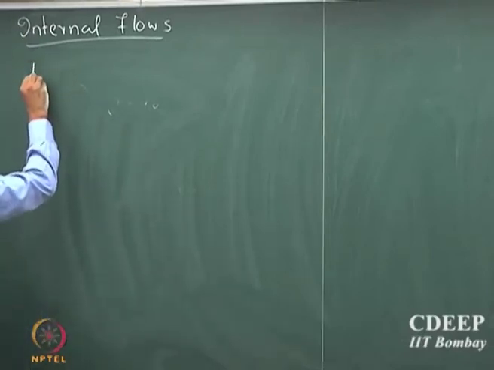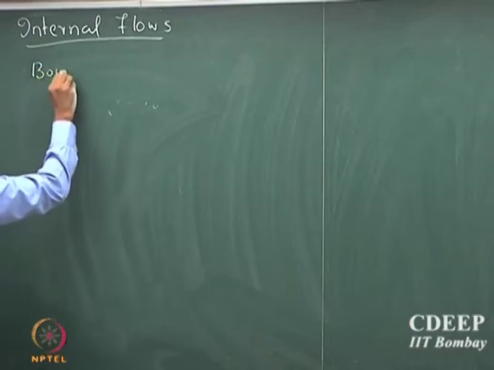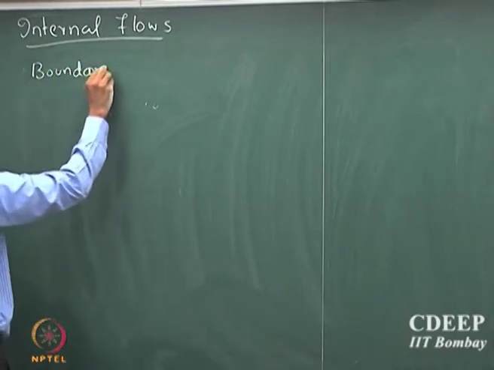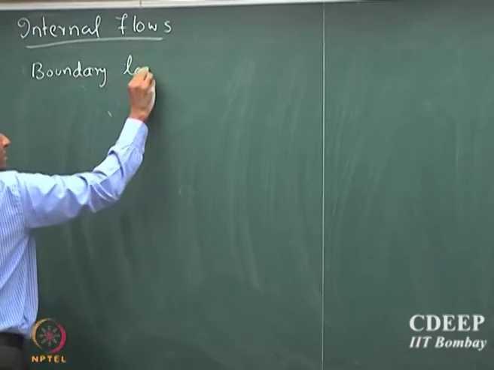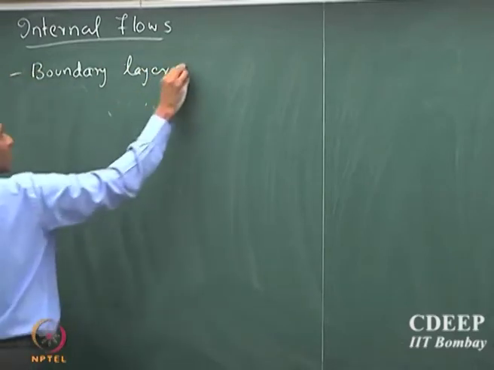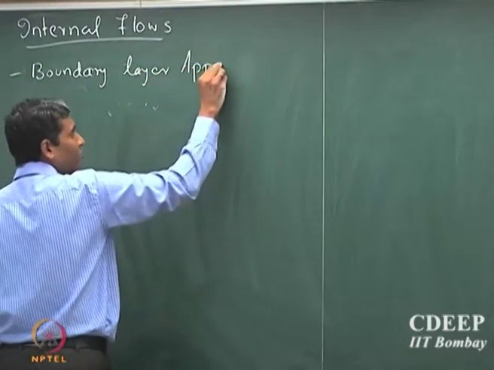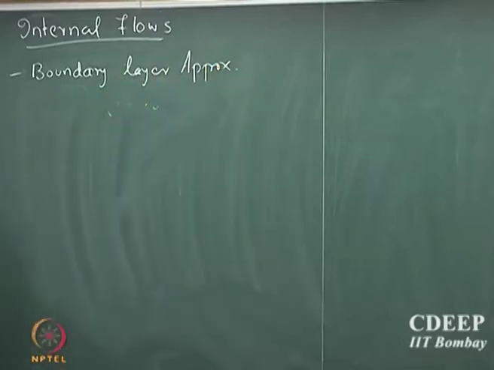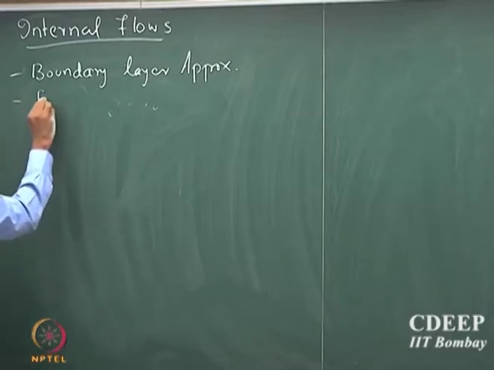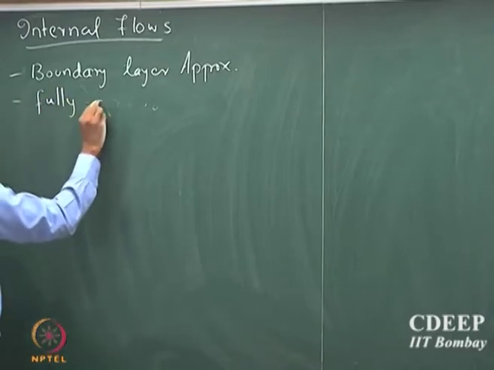Suppose we assume that the boundary layer approximations are valid for the fluid which is flowing through the tube, and we assume that it is in the fully developed regime.